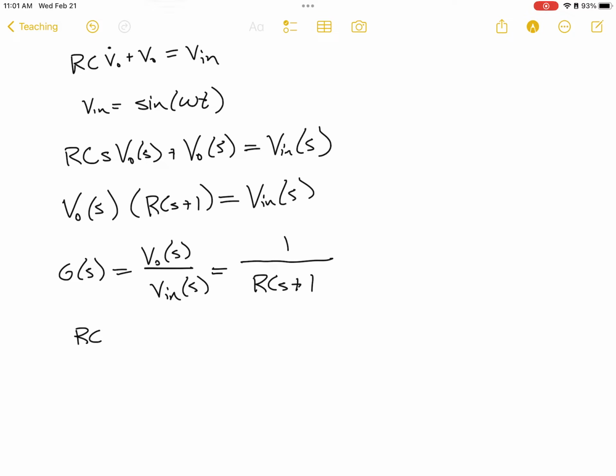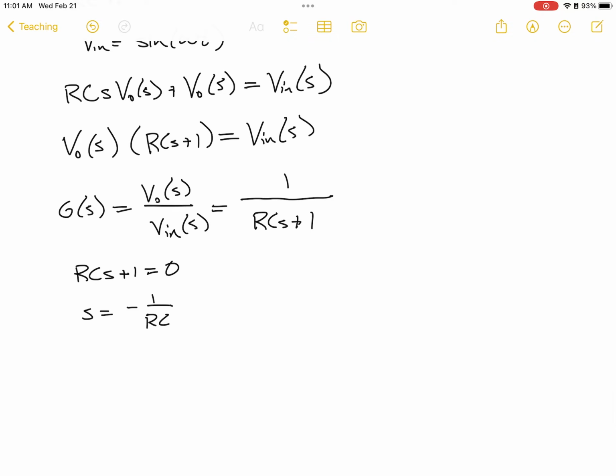So RCS plus 1 equals 0. That means that S equals negative 1 over RC. And given that R and C are parameters of real resistors and real capacitors, they're positive. So this pole is negative. It's on the left half plane. So that means that this transfer function, the system, is stable.